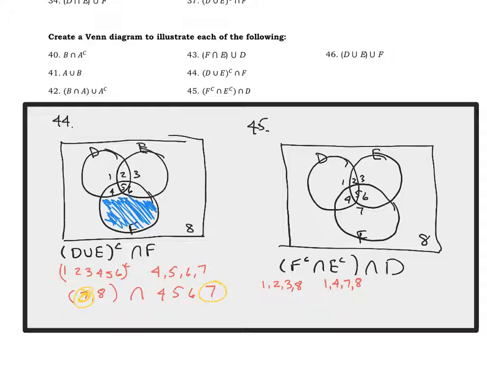The intersection of those looks like we have 1 and 8 in common. And I want the intersection of that with whatever sectors make up set D, and that's going to be 1, 2, 4, and 5. So the only thing they have in common is sector 1. So that's what I will shade.